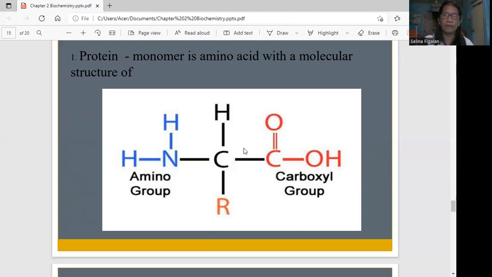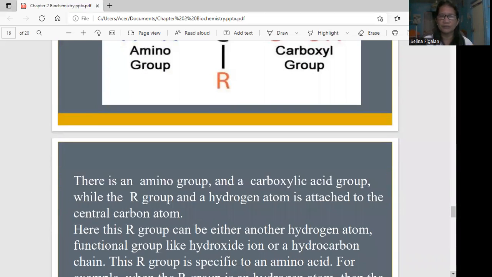So your protein is made up of hydrogen, nitrogen, carbon, and oxygen. It has an amino group and then the carboxylic group. This is an amino acid, made up of an amino group and a carboxyl group, while the R group and hydrogen atom are attached to the central carbon atom.